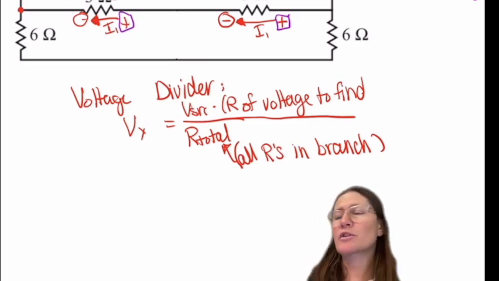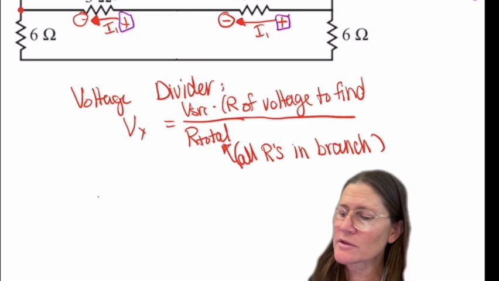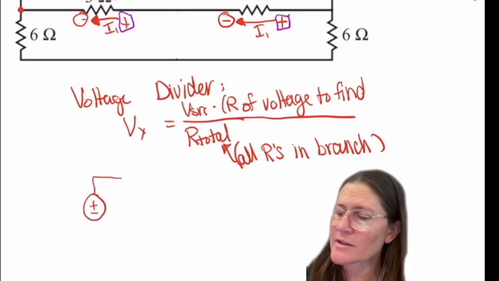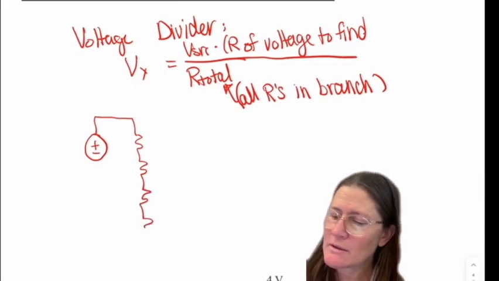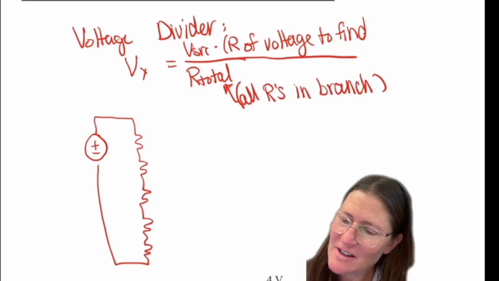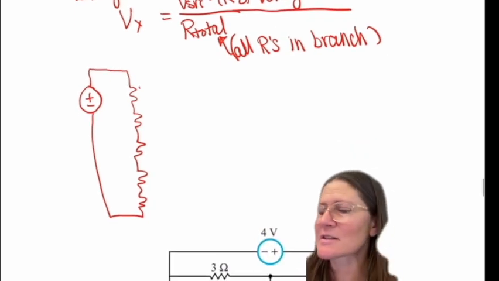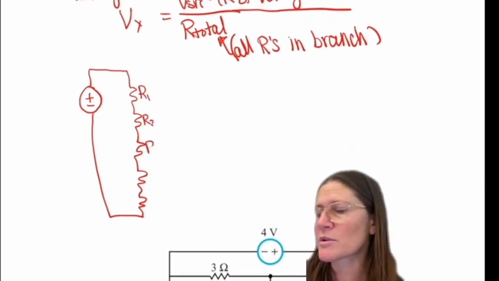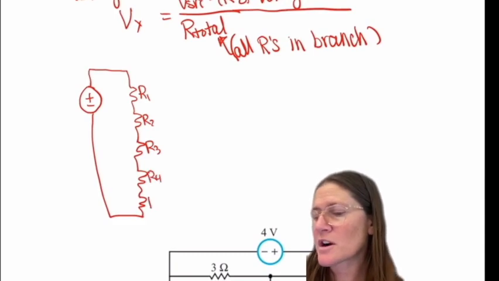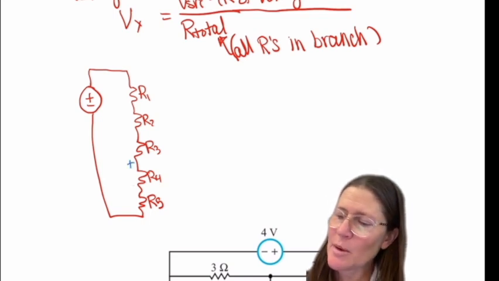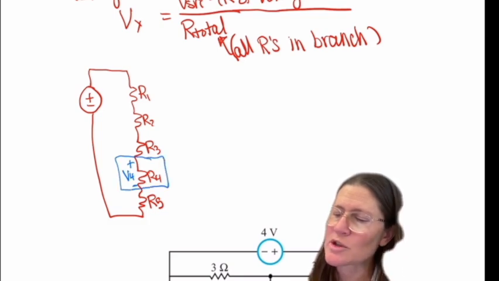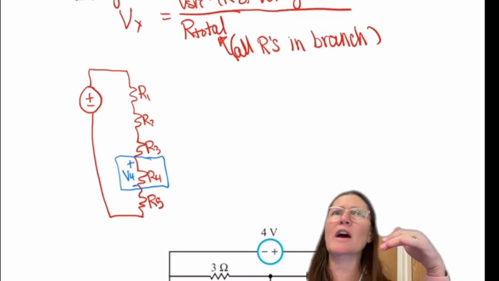And remember that the voltage divider is just the voltage across a resistance. If I do something like this, R1, R2, R3, R4, R5, and I do V4, it's only the voltage between the top and bottom of R4.